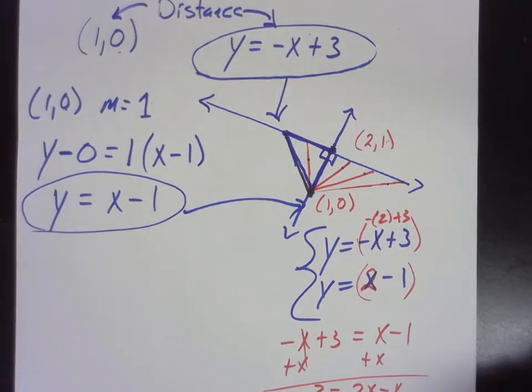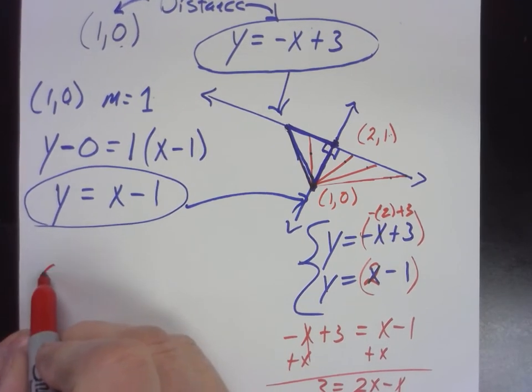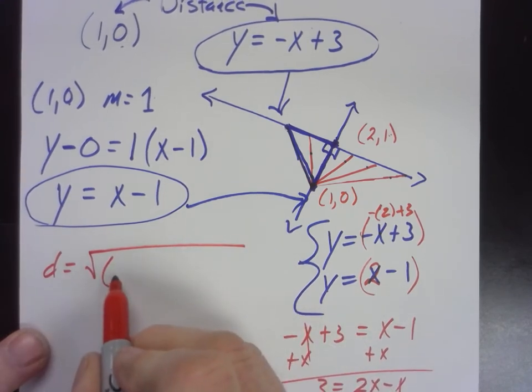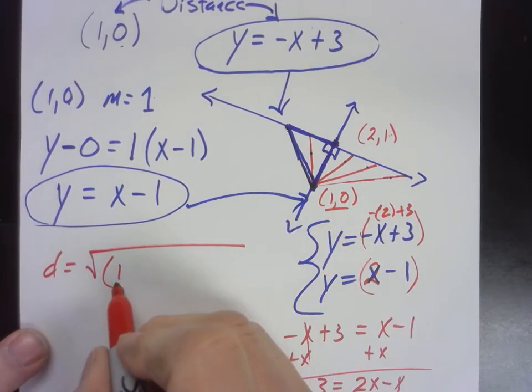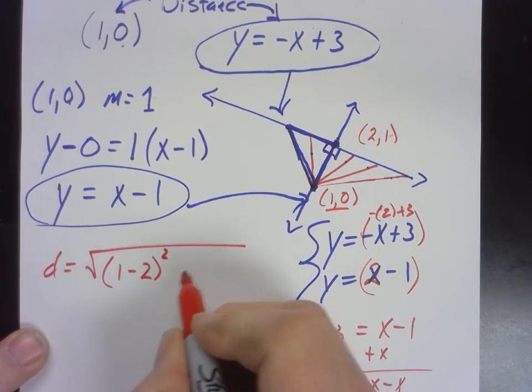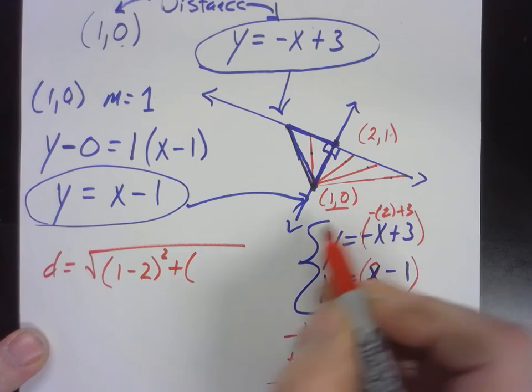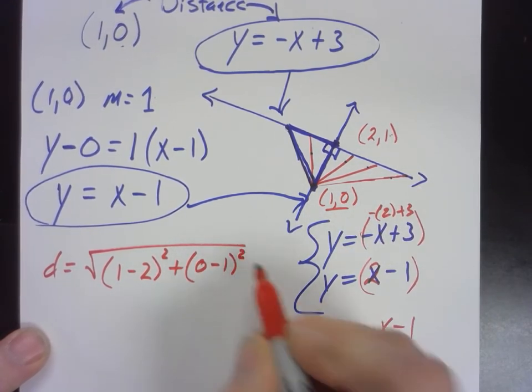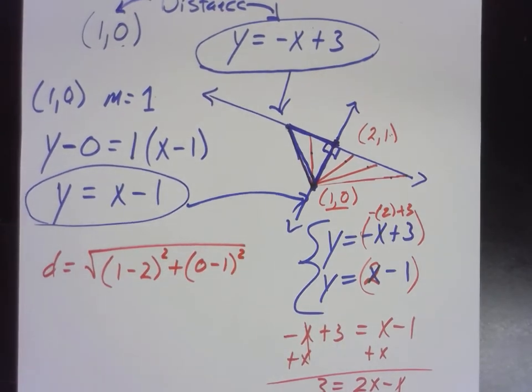Can we find the distance between 2 points? So the distance between the 2 points equals the square root of x, I'm going to start with this point, x subtract the other x value squared plus y subtract the other y value squared. So distance formula, this is the Pythagorean theorem.